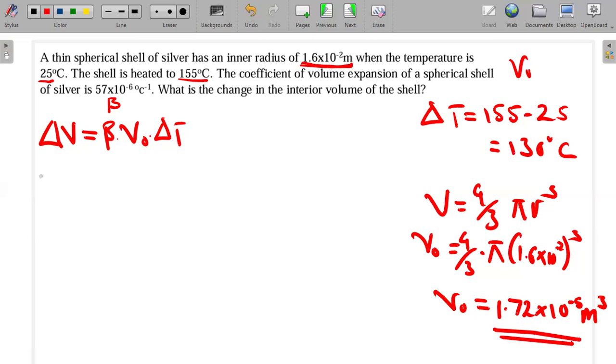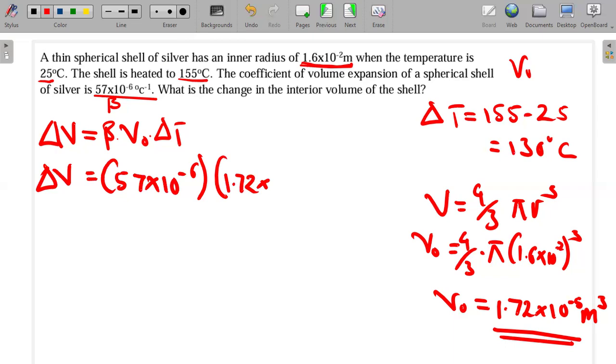So I'm going to say my delta V will be equal to the coefficient of volume expansion, which they've given us here as 57 times 10 to the power minus 6 per degree Celsius, multiplied by the initial volume, which is 1.72 times 10 to the power minus 5, multiplied by the change in temperature, which we've calculated to be 130 degrees Celsius.